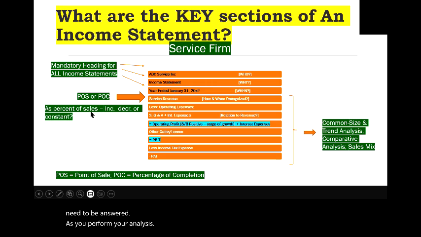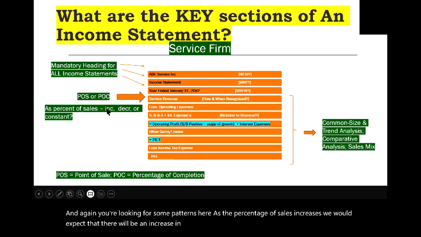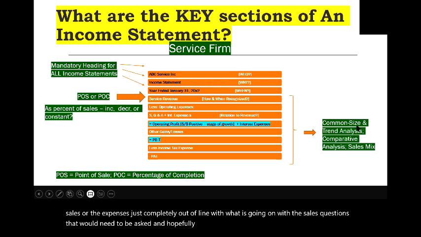And again, you're looking for some patterns here. As the percentage of sales increases, we would expect that there will be an increase in the expenses, but is it proportionate to the increase in sales? Or are the expenses just completely out of line with what is going on with the sales? Questions that would need to be asked, and hopefully we would obtain the answer.